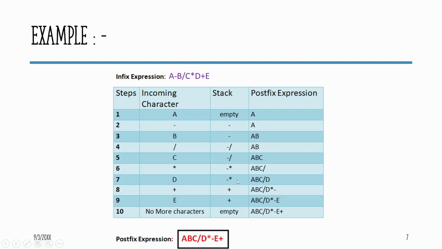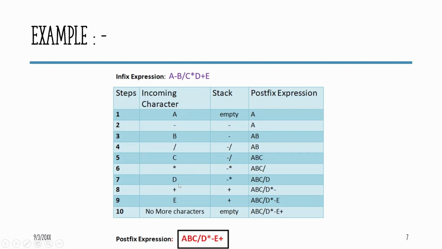So we popped out the division, and then we again checked, so this is minus, a lesser precedence operator, so we'll simply push on the stack. So we popped out the division and then we pushed the multiplication.